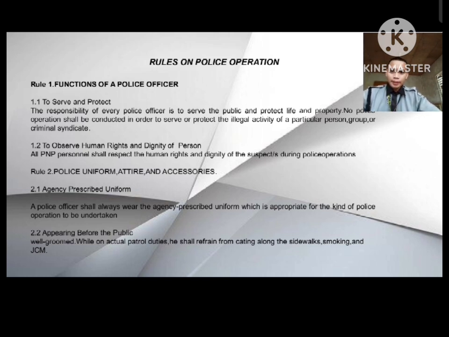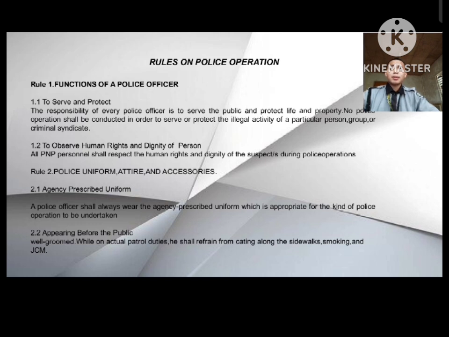It is important to take note that as police officers, not only are we authorized to use our authority to arrest and apprehend an offender, but we have to do it in a respectful way, because we have to respect the person's rights and dignity.